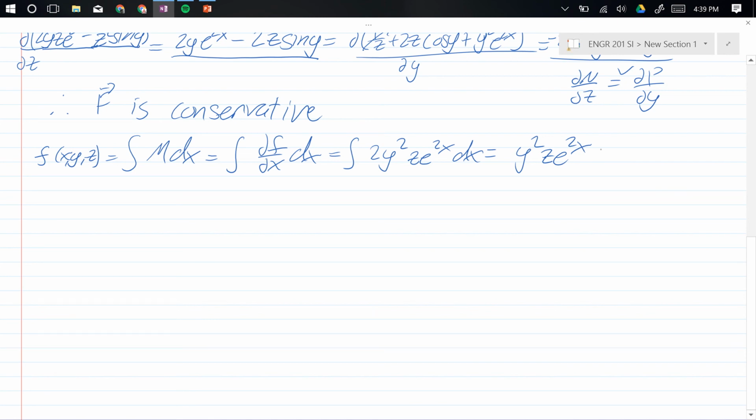And our plus c is instead going to be a function labeled g, that is a function of y and z.